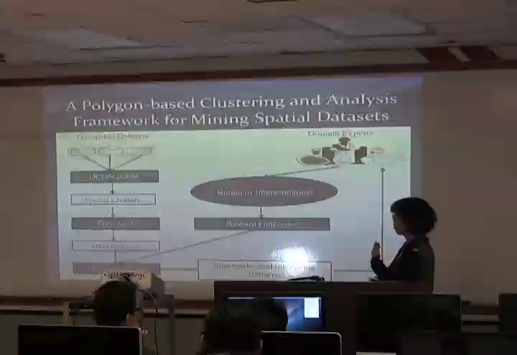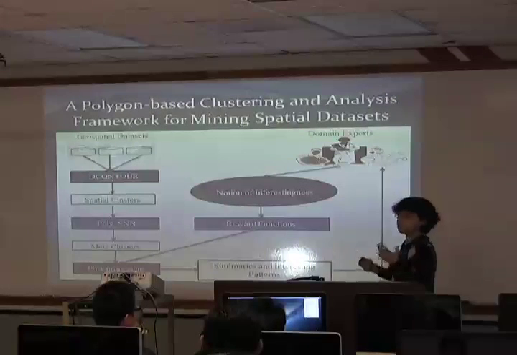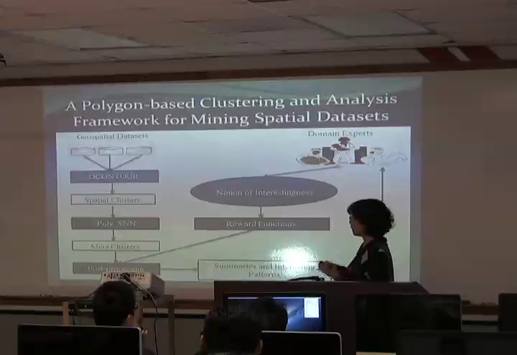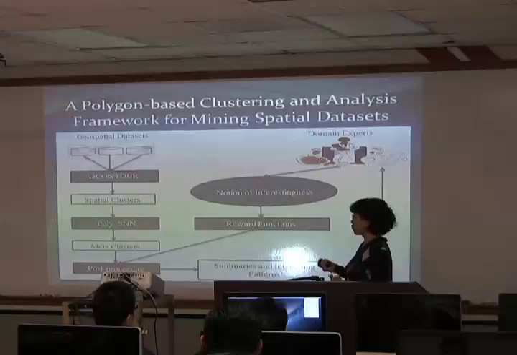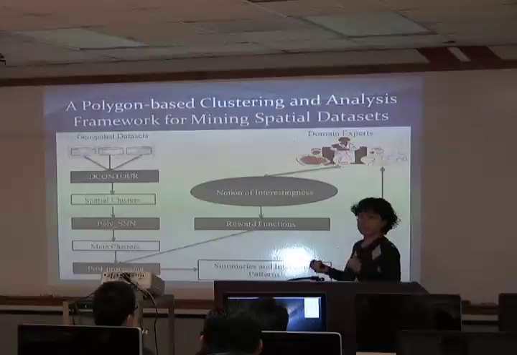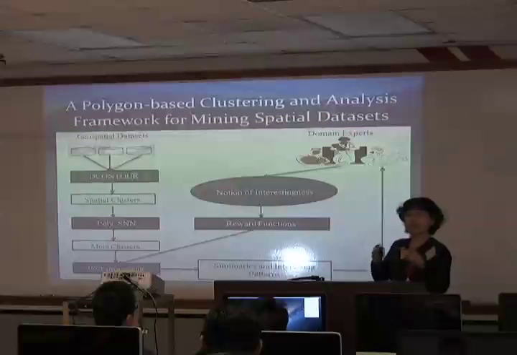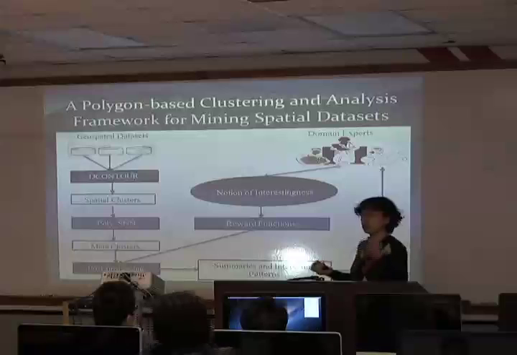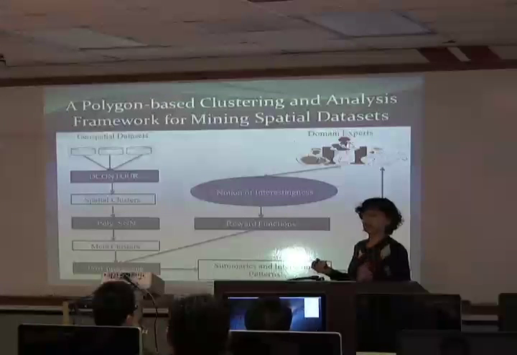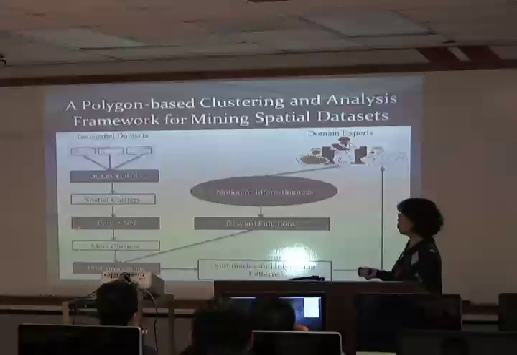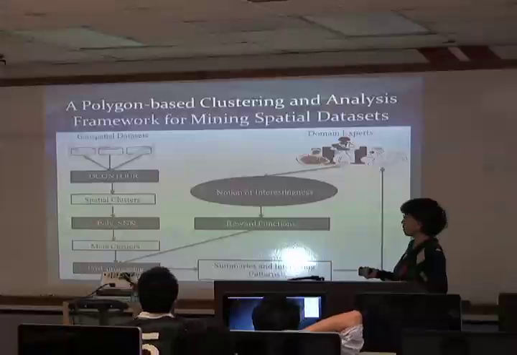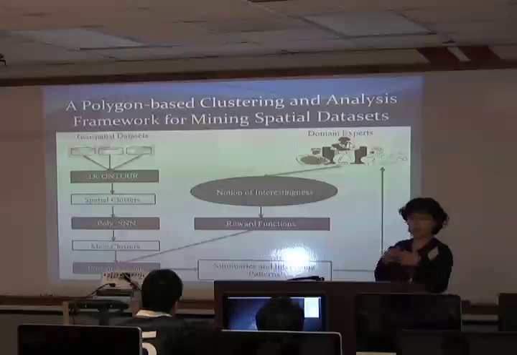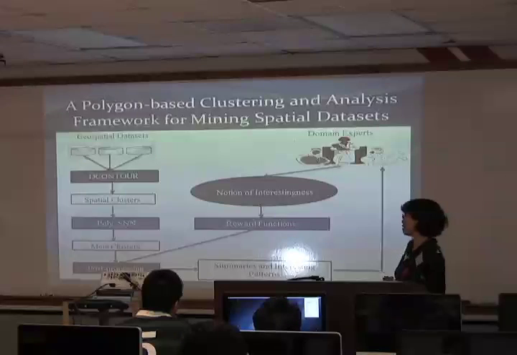And here's the architecture of our framework. We first download the ozone pollution data set from the TCEQ website, and then we use our contouring algorithm, called the contouring density-based clustering algorithm, to generate the polygons from the point spatial data sets. Each polygon here represents an ozone pollution hotspot, and then we apply our Poly-SNN, a density-based spatial clustering algorithm, so that we are able to cluster polygons into different clusters.